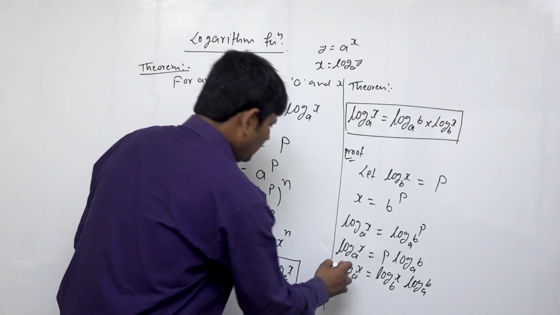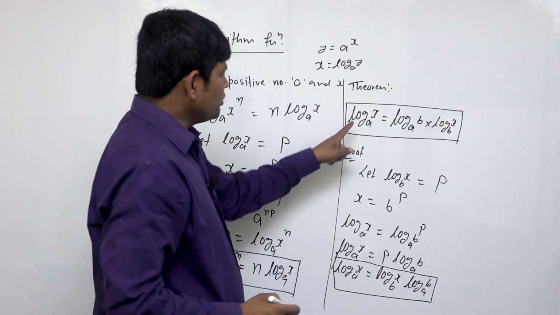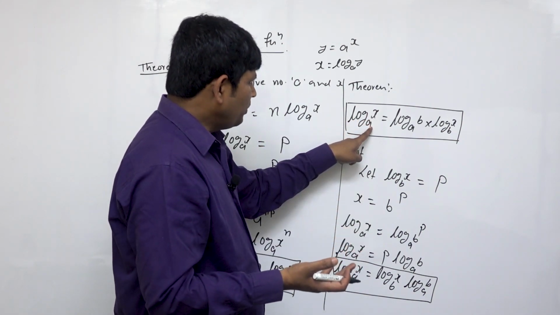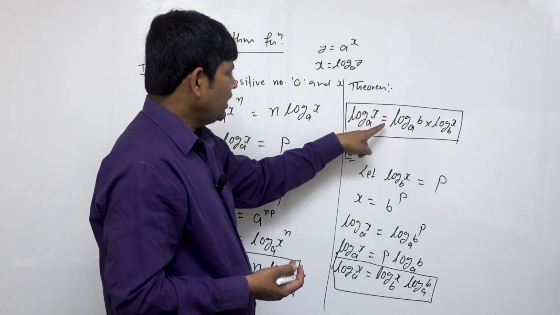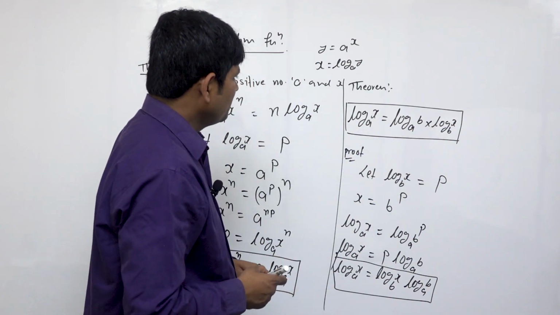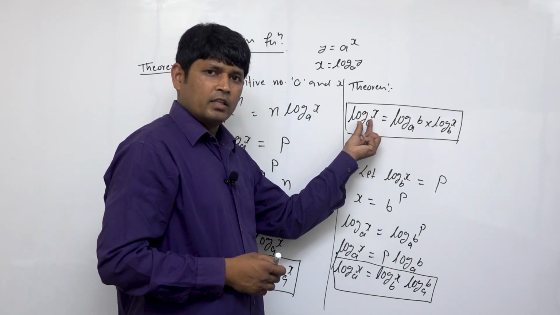This way we can prove it. If we want to change any base, we can do it like this, and this way we can change the base of the logarithm function.